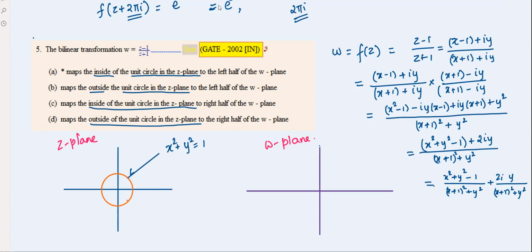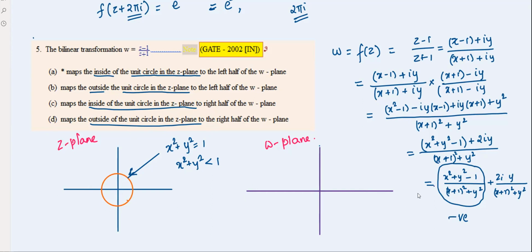Points inside the circle will be x square plus y square less than 1. So if it is inside, denominator is positive, the numerator will be negative. So this will be a negative quantity if the point lies inside the circle.